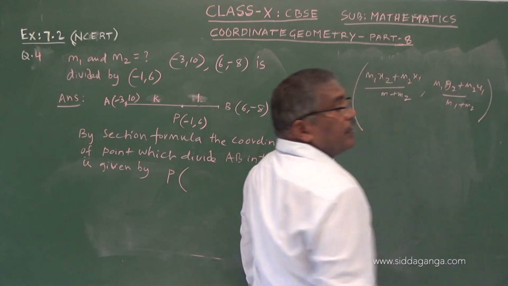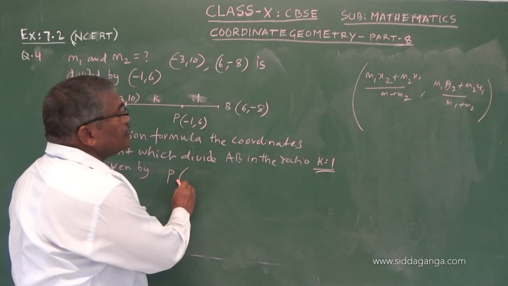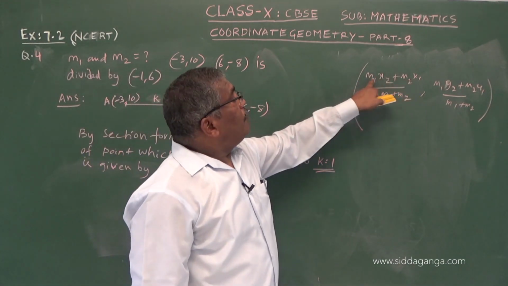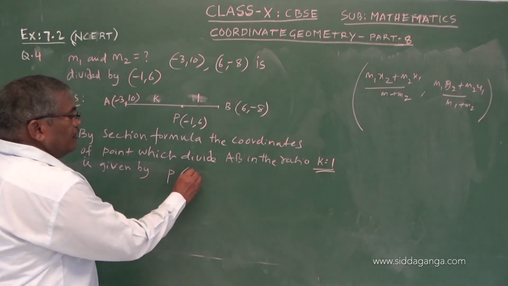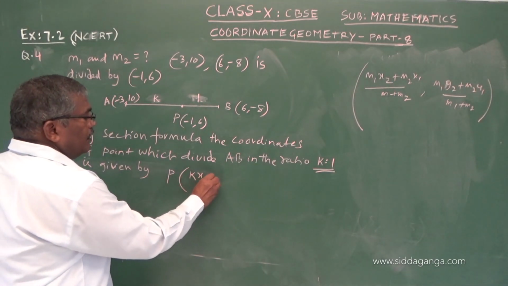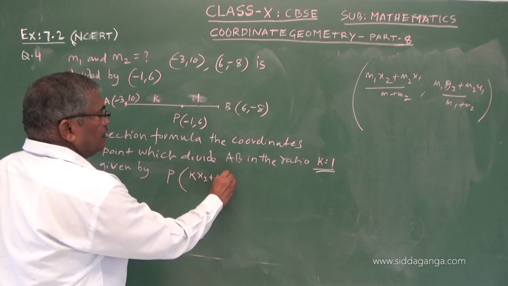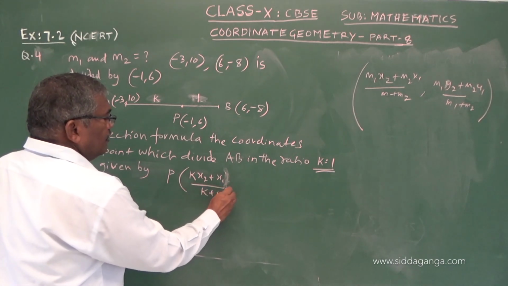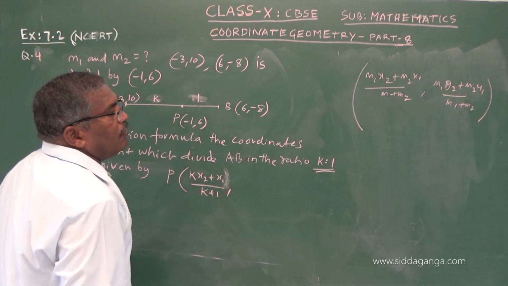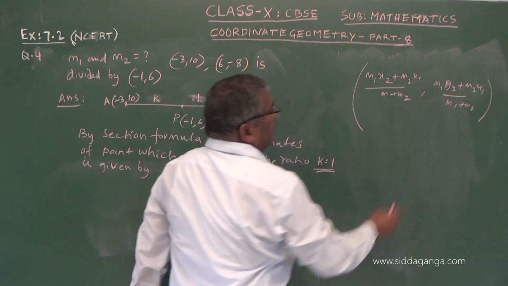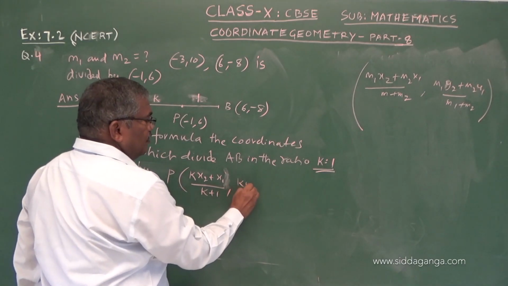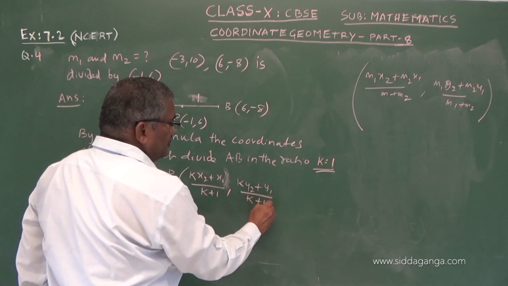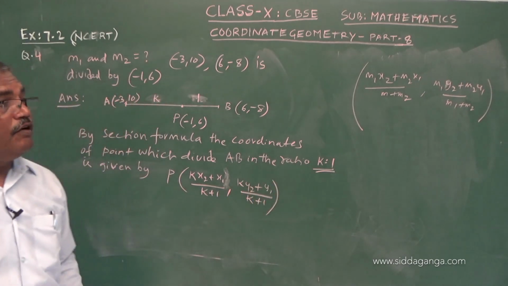So this is the second coordinate. So in this case, m1 becomes k and m2 becomes 1. So therefore k x2 plus x1 divided by k plus 1, this is one coordinate. k y2 plus y1 divided by k plus 1. So this formula we have to use.